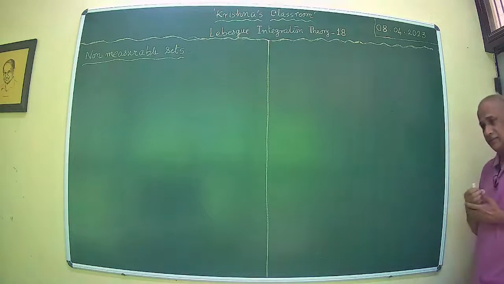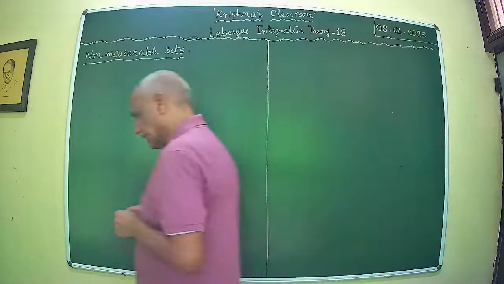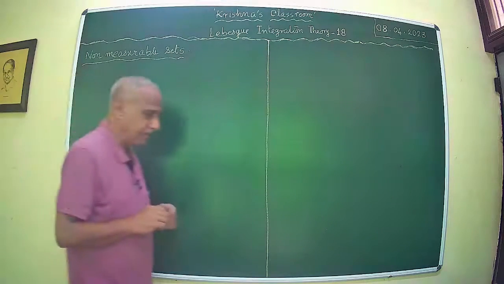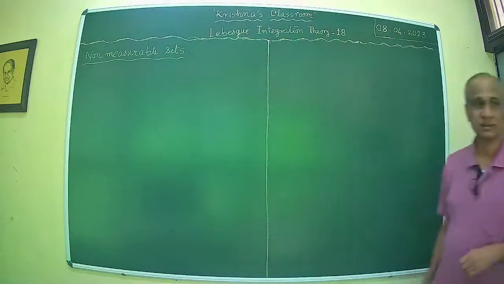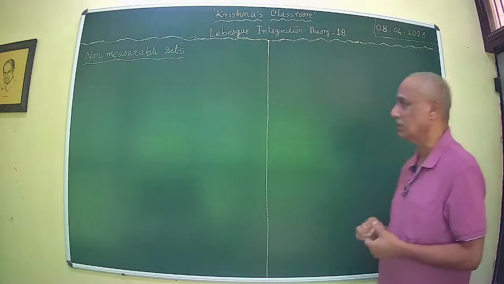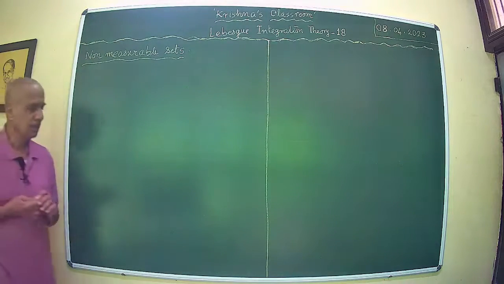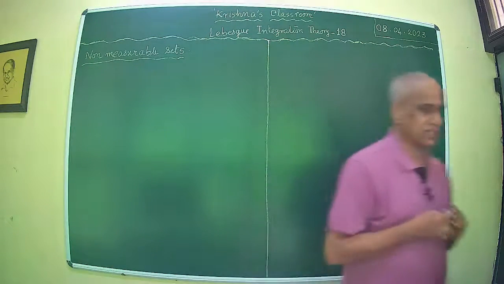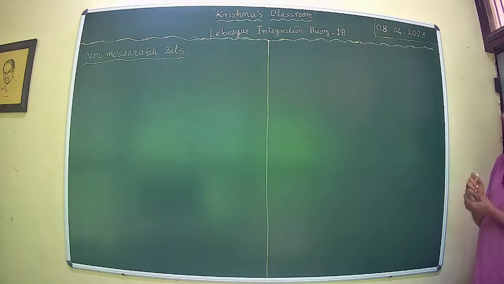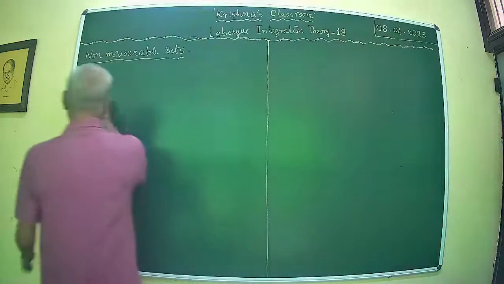We started with the objective of extending the concept of length that is defined for intervals to a function that shares all the properties of the length function, on a larger collection of subsets of R. With this objective, our strategy was to define something called an outer measure. So, we introduced the concept of outer measure M star.